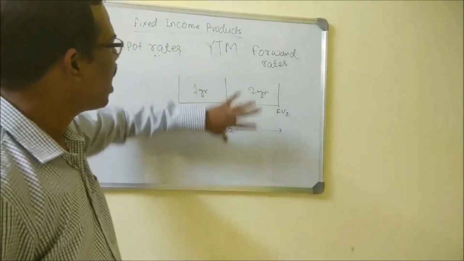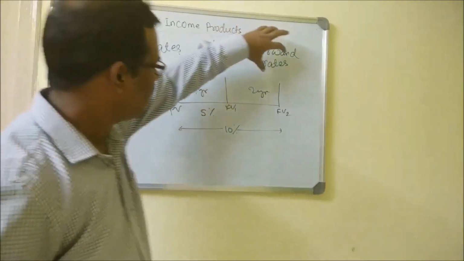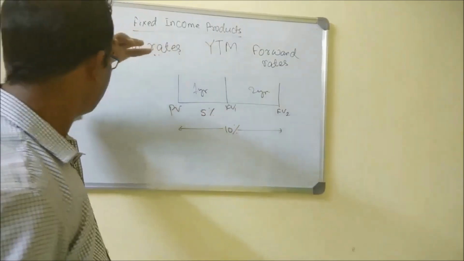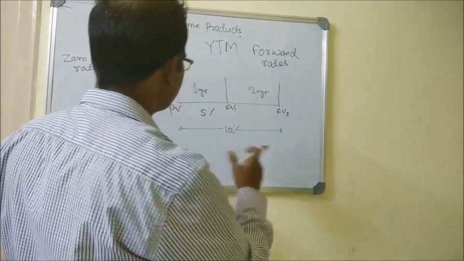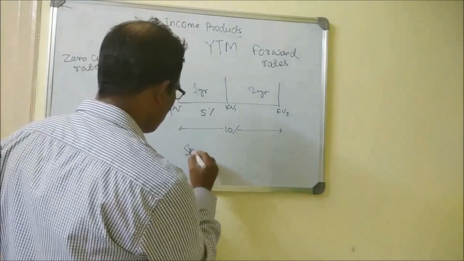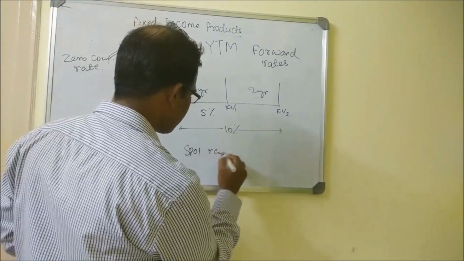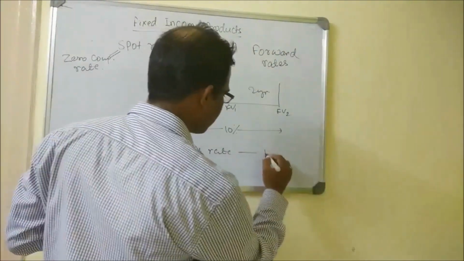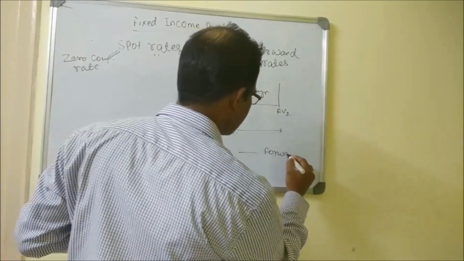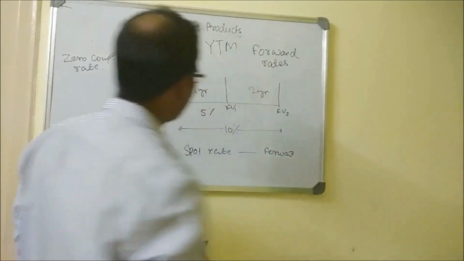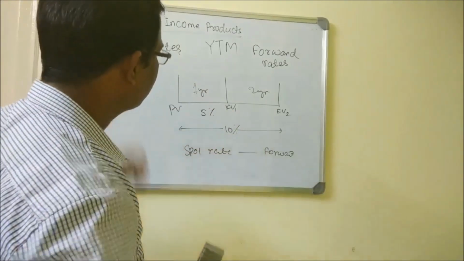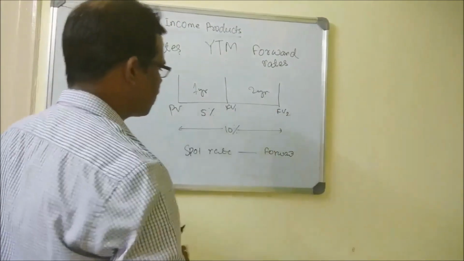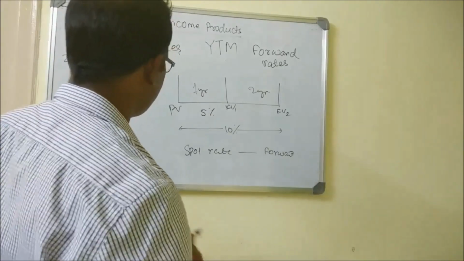I'll take the same PV, future value 1, future value 2. We will see how the forward rates are getting related, and how we can correlate between the spot rate and the forward rate. What kind of relationship is this? I have taken the spot rate for 1 year as 5% and for 2 years as 10% to make it easy to understand.